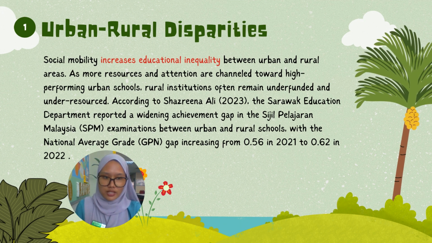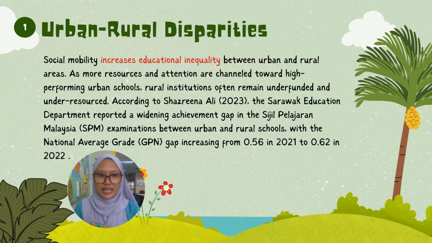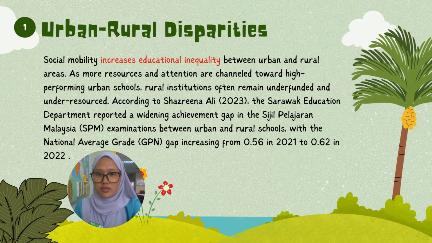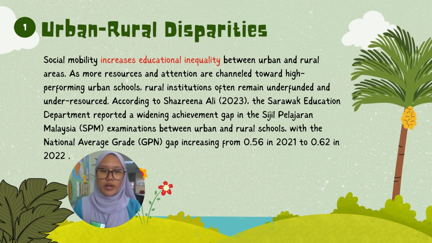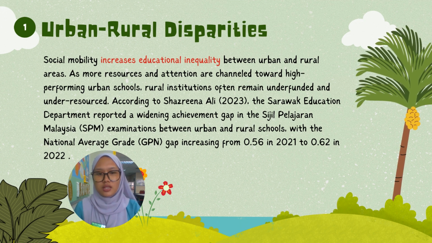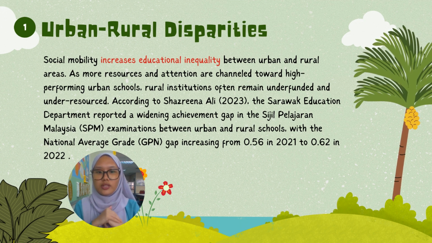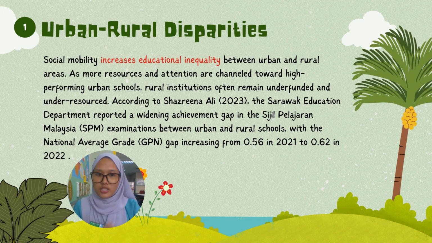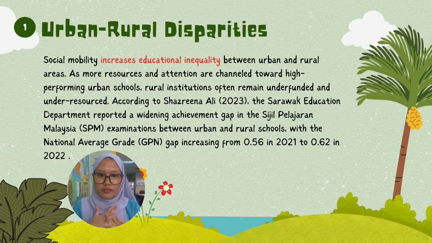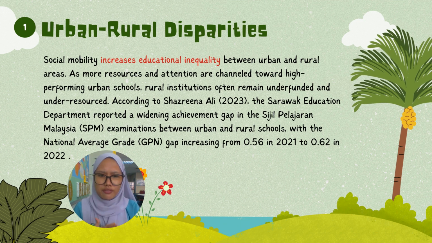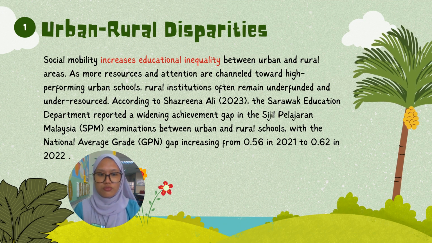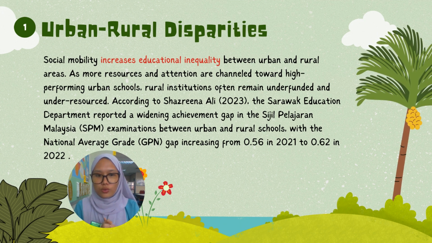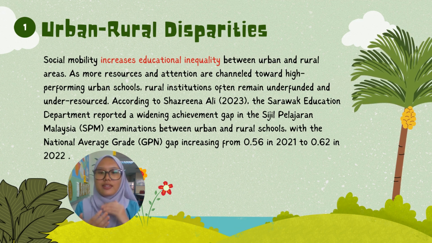And urban middle class students are more likely to attend elite institutions such as Sekolah Berasrama Penuh, as we often call it SBP, while rural schools continue to face teacher shortage and outdated infrastructure. In addition, access to private tuition and enrichment programs is heavily concentrated in urban areas, putting rural students, especially those from B40, which is bottom 40% income households, at a disadvantage.